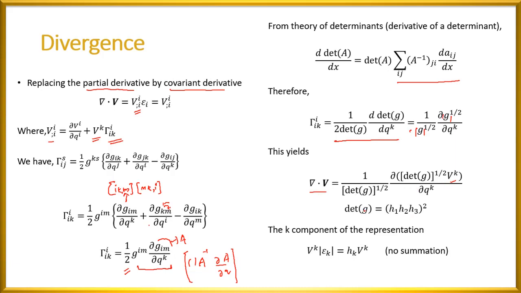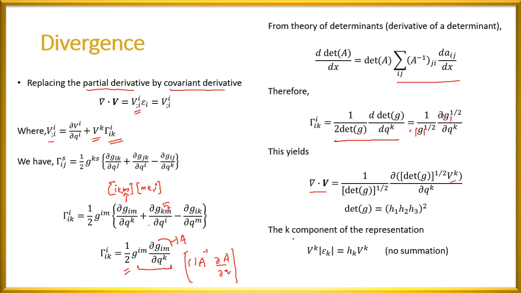Since G here is a matrix tensor, and we know that the metric tensor in an orthogonal system is a diagonal tensor with h parameters in all its diagonals. Therefore, the determinant of G will be the product of its diagonals.